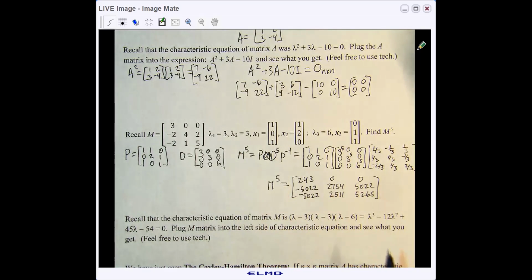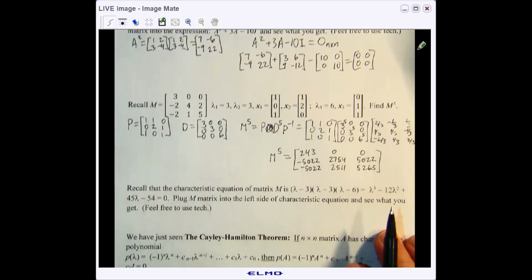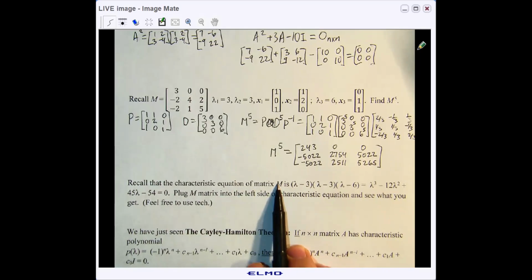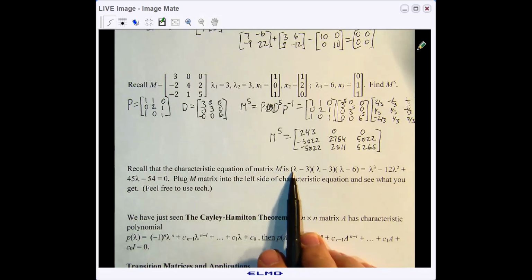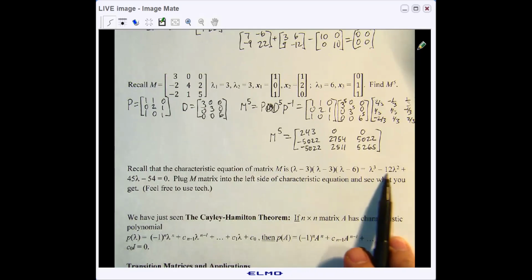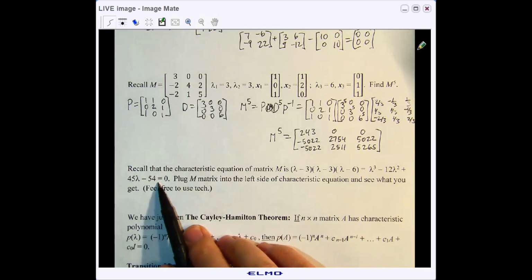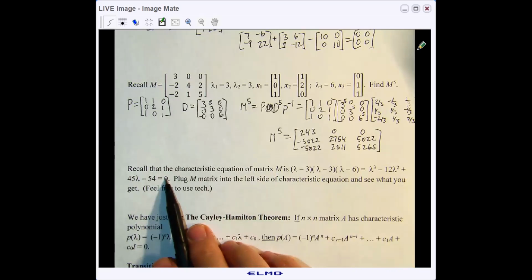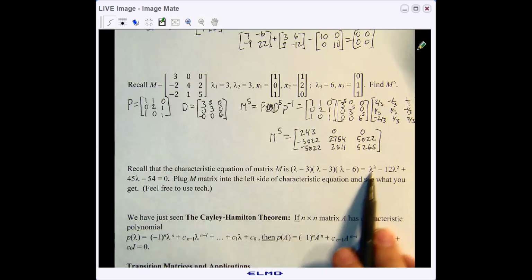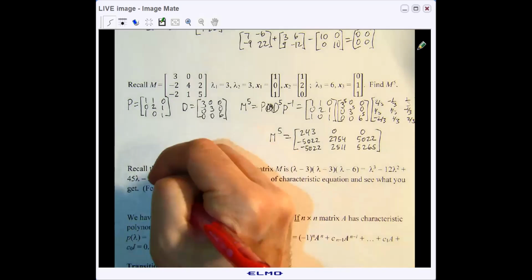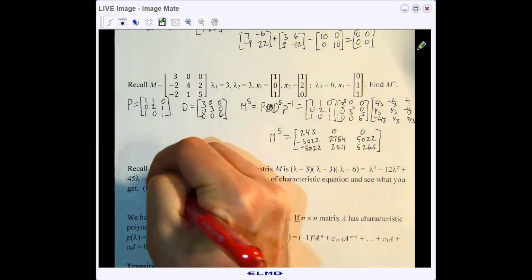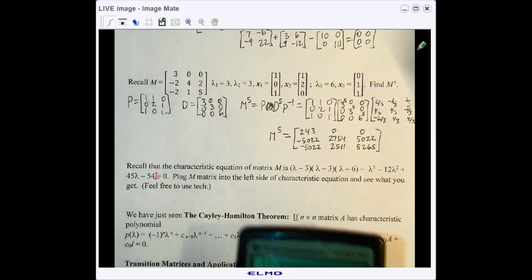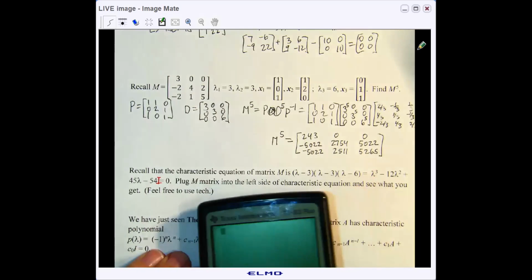Okay, so let's keep going here. Remember that when we found matrix M's eigenvalues and eigenvectors, we solved our characteristic equation. What I want you to do is put M into this characteristic equation everywhere there's a lambda. And since this is matrices, we'll have to throw on an I here and see what you get. So I've got matrix M stored as E in my calculator. Let's try it.